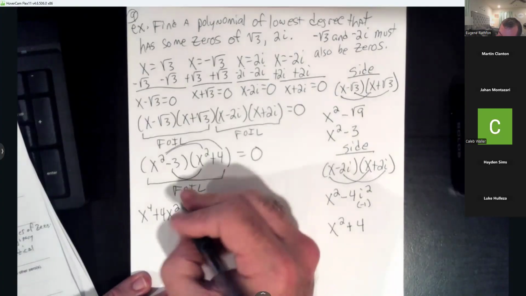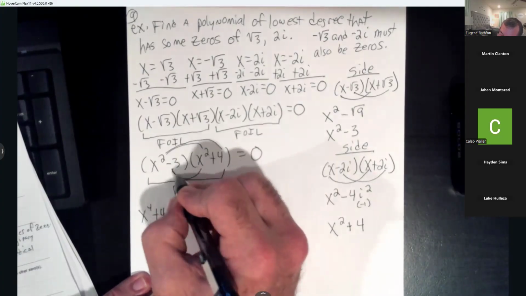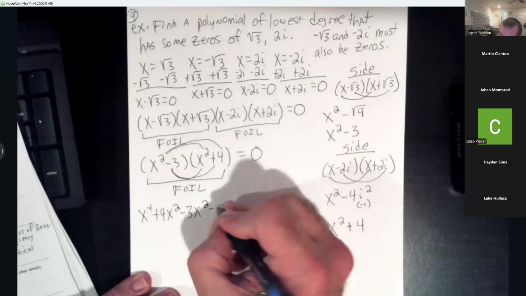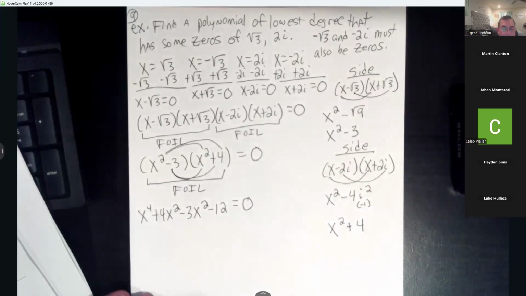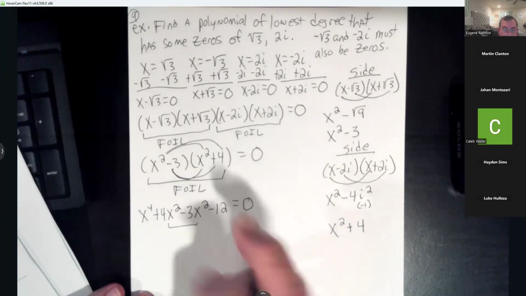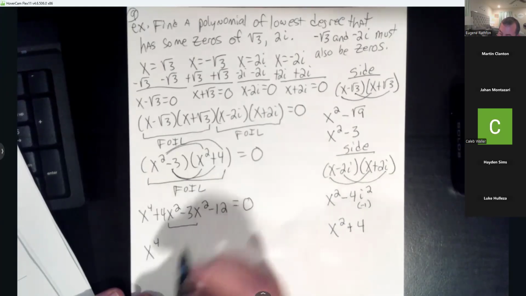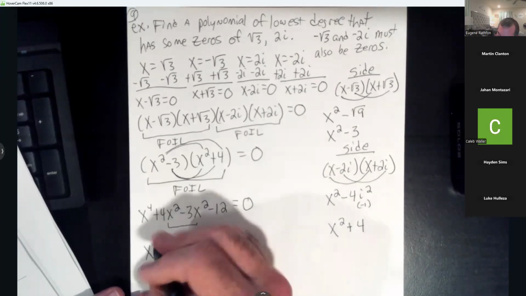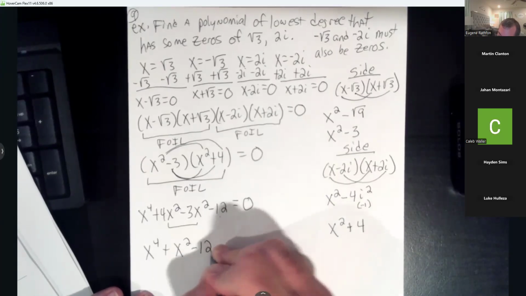Negative 3 times x squared is negative 3x squared. And then negative 3 times 4 is negative 12, all equal to 0. We've got like terms on this one, so bring down the x to the 4th. 4 minus 3 leaves me 1x squared, and then bring down my negative 12.